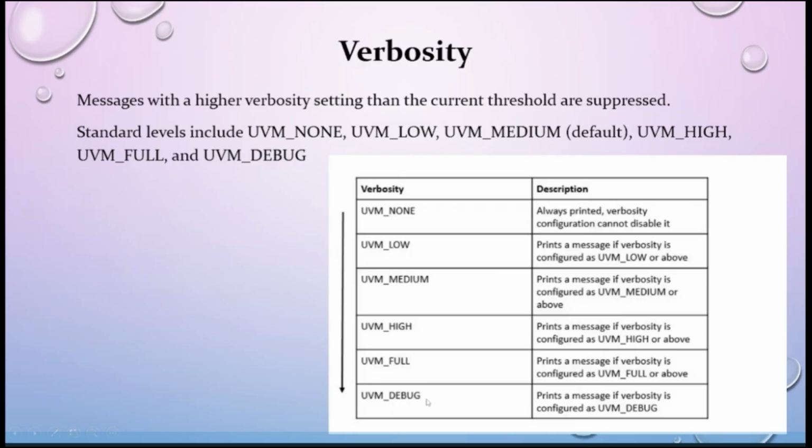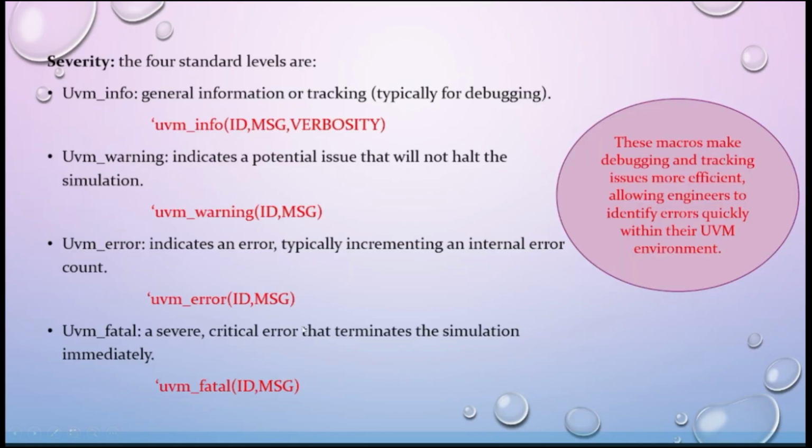So depending upon the verbosity level, for example, if in UVM info you have a UVM ID message and UVM debug, then that UVM debug one is the most prioritized one. Okay, and when there is UVM none, that is the least prioritized one.